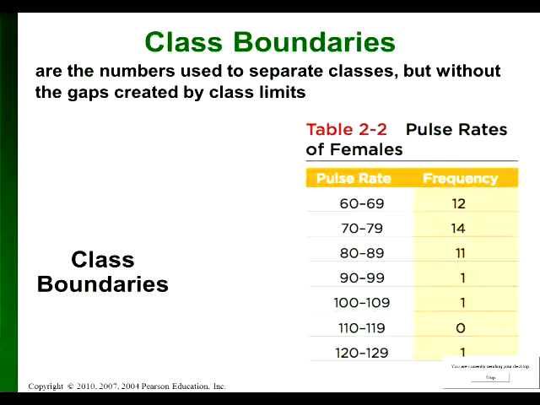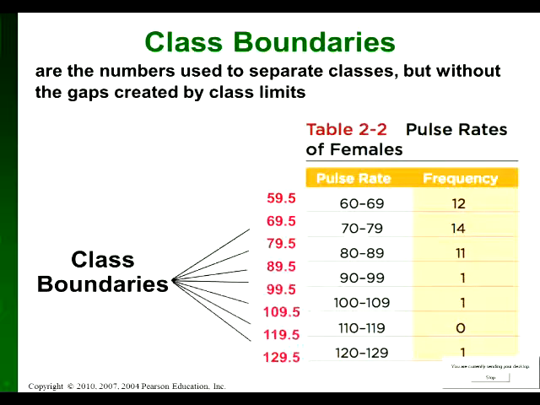79.5 would be directly in the middle of those two classes, 89.5 between those two classes. Those are the class boundaries that we would probably use if we were making a histogram, which we're going to talk about in a minute. Notice that you always have one more class boundary than you do classes. Think of these class boundaries as fence posts separating the classes.